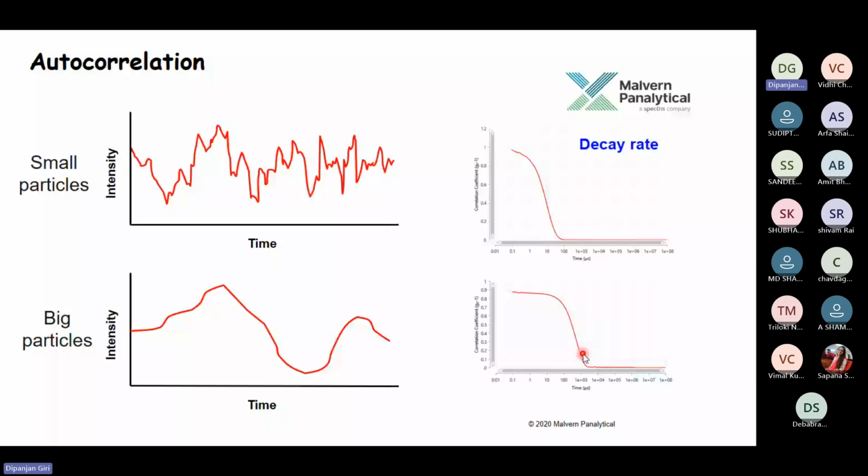The smaller particle decay rate will be higher due to the faster intensity fluctuations, and the correlation will be quickly lost if we increase the time interval. So this is how the smaller particle can be distinguished from the bigger particle.